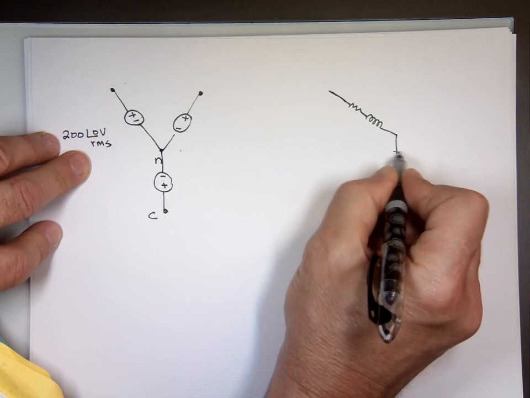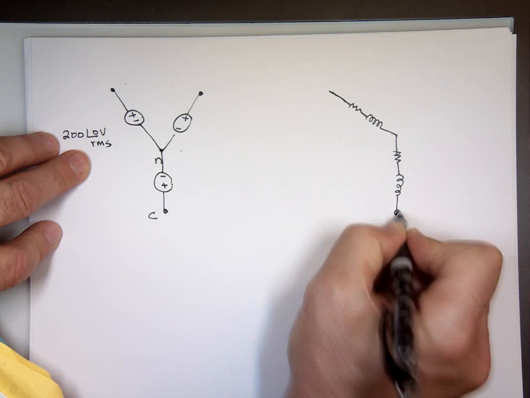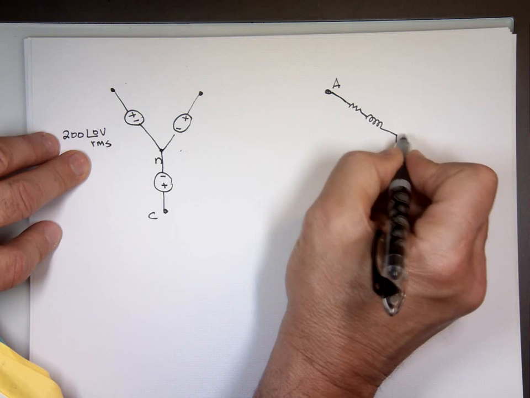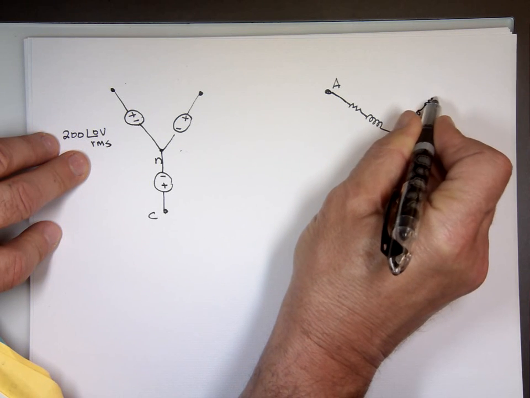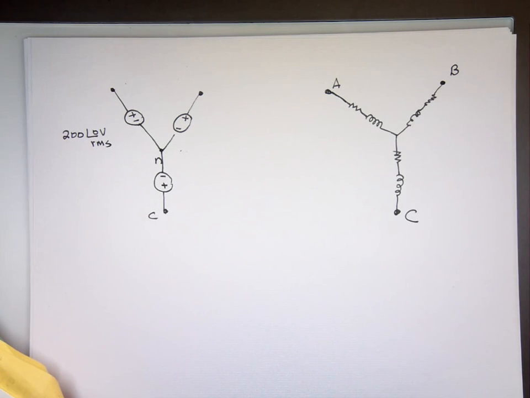Notice I use capital C, capital A, and capital B. And let's assume each one of the loads is 100 angle 60.